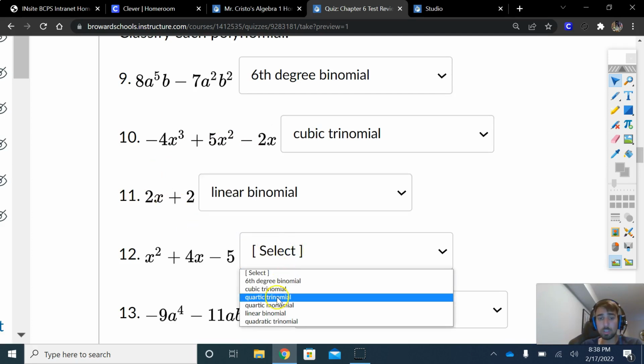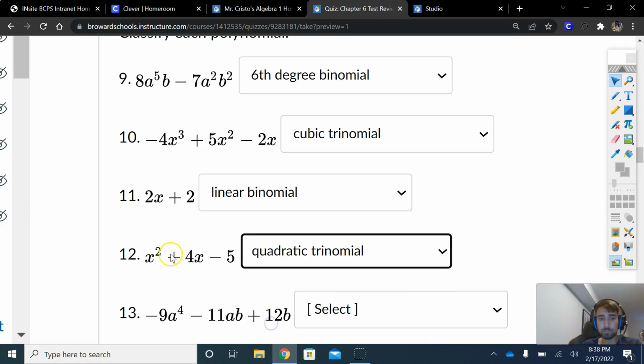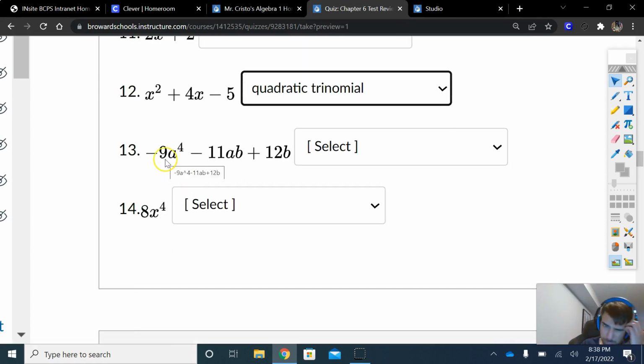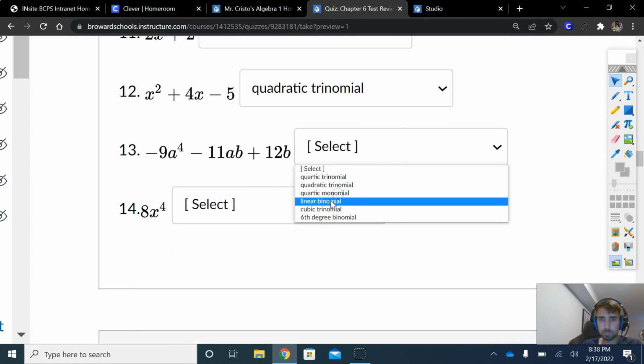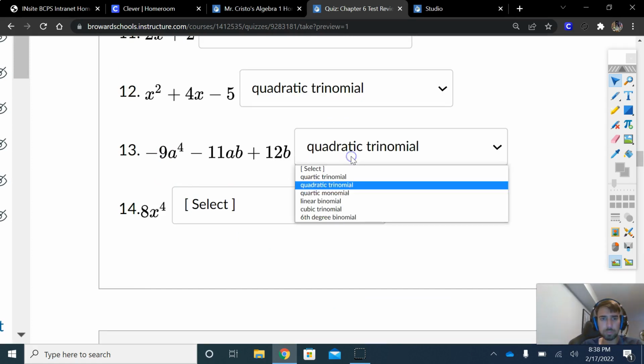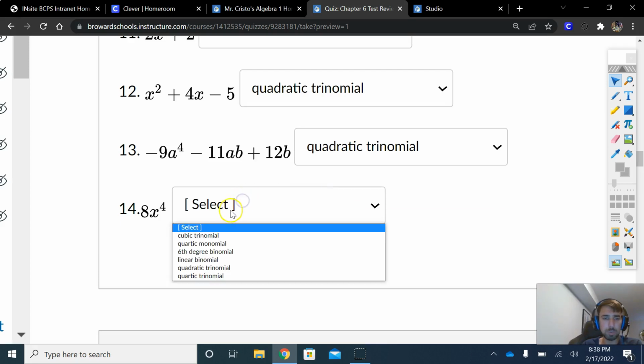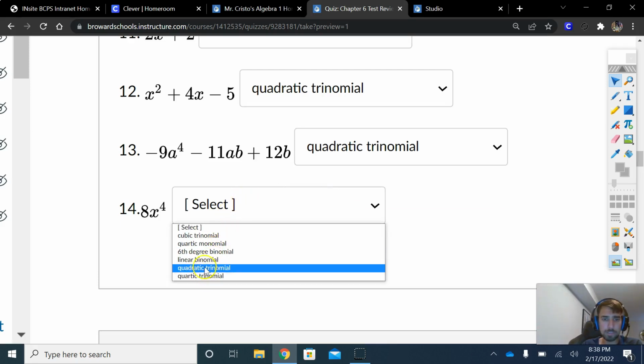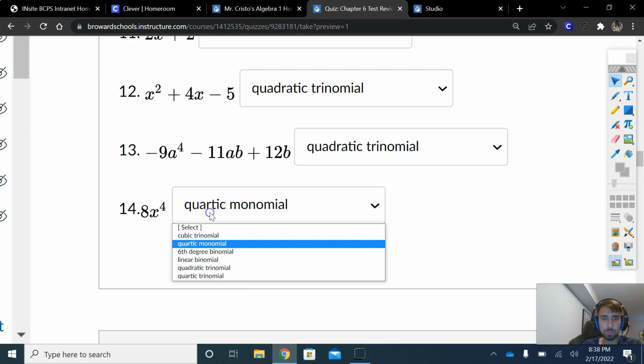Another trinomial, and it's going to be a quadratic trinomial. This one's going to be a trinomial. Oops, not quadratic. It's 4 quarters in a dollar trinomial. And this one's going to be 4 quarters in a monomial. It's 1 term. Yep, that's the one.